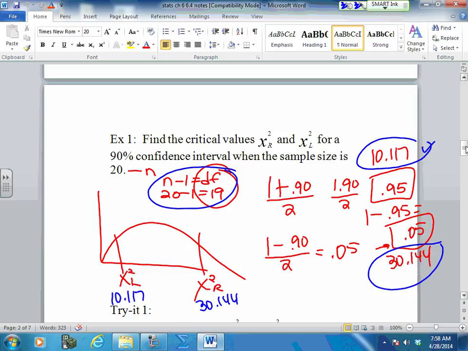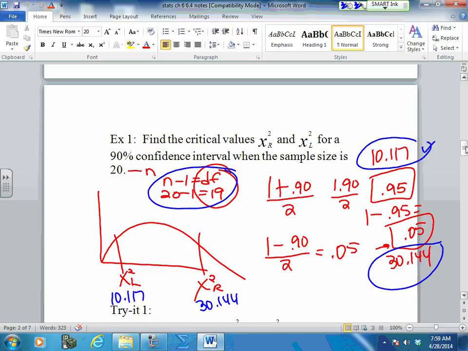That's why I say don't get hung up on which one goes where. Find them and then put the smaller one on the left hand side. Because to remember the plus, remember area is to the right of this thing, not to the left. Our area on this curve, guys, is to the right. So it's an opposite way of thinking.